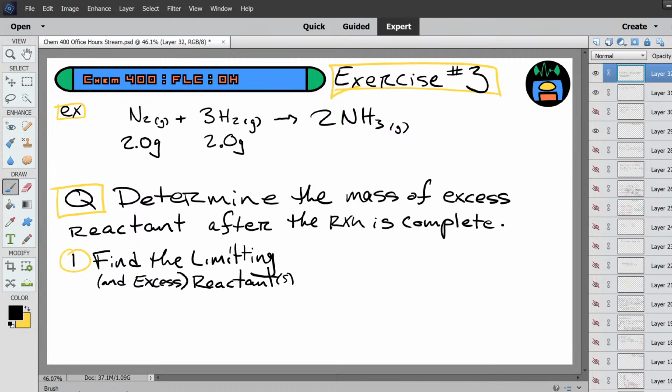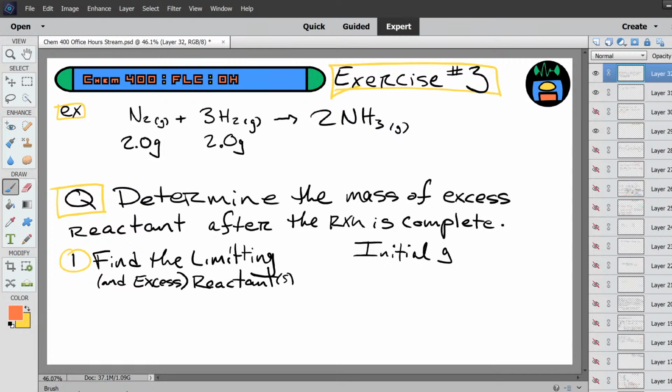And here's why you need to do that. To find the amount that's left over, you follow this thought process. You've got some initial quantity of grams.